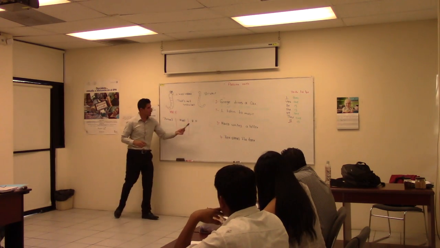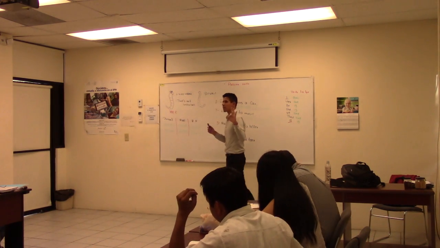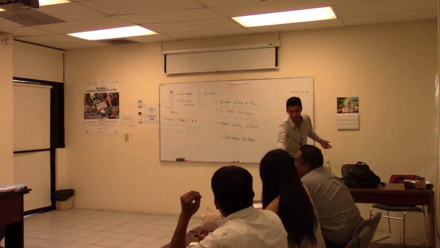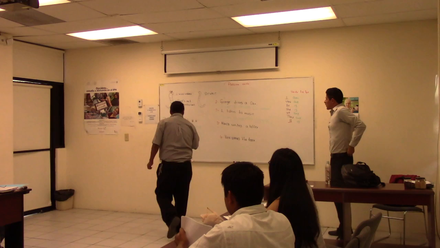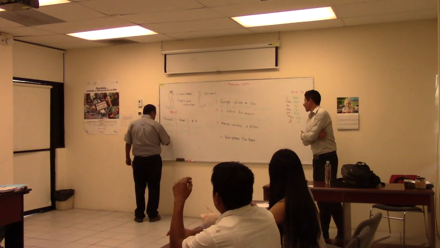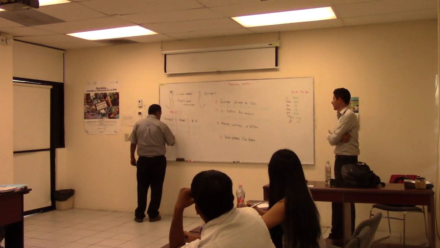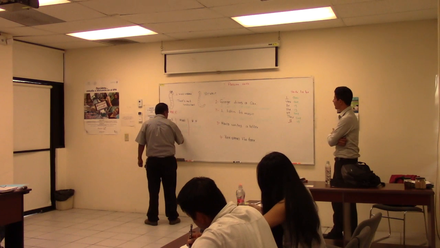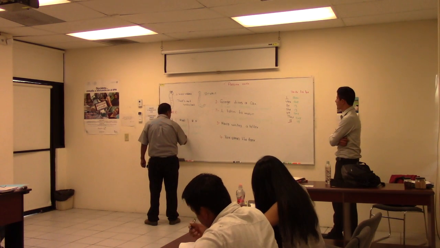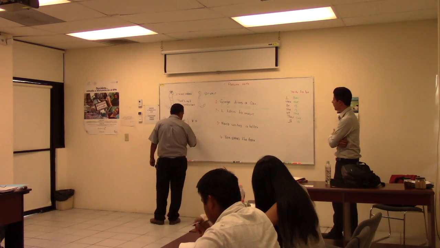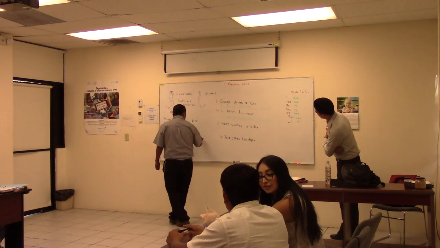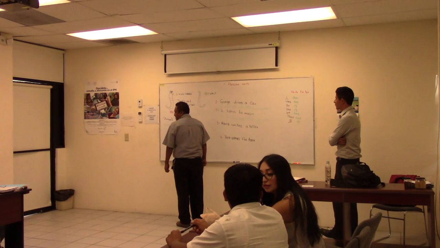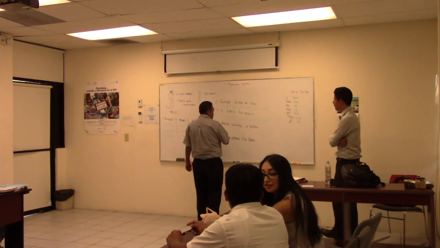Alright, very good. So number 3. I need a volunteer. Alright. So the word is right. Okay. Double T, very good.